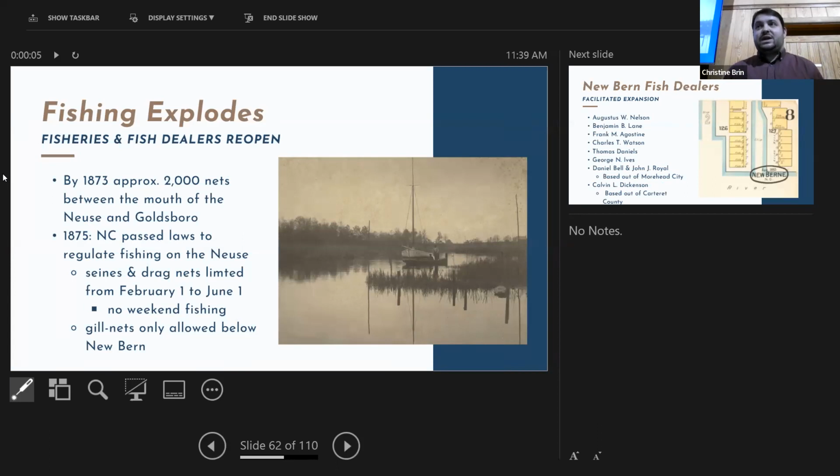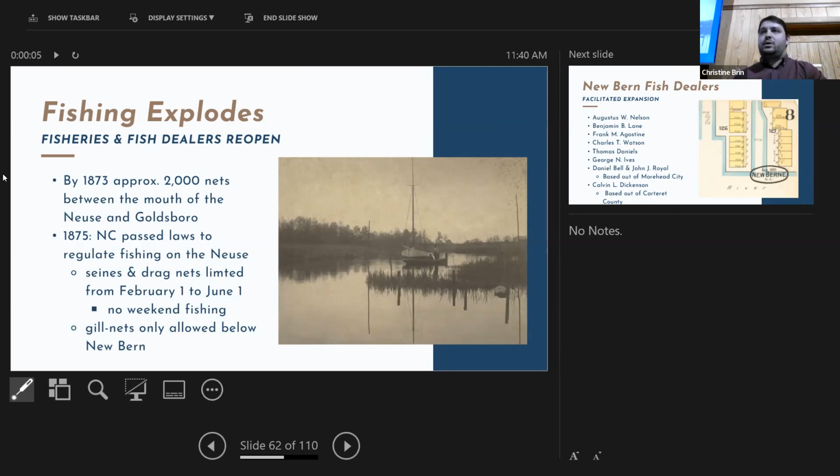Because of that, in 1875, the North Carolina legislature has to start regulating the commercial fishing industry, because the nets above New Bern are able to practically choke the shad and herring from getting farther upstream, actually causing overfishing.